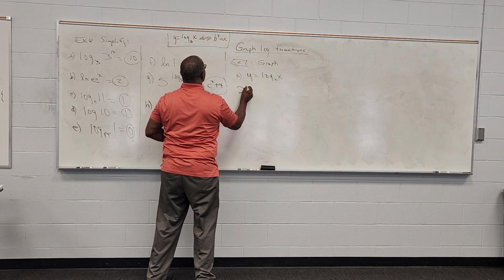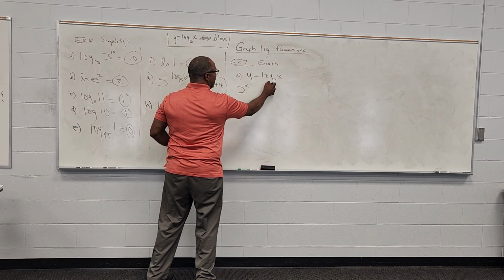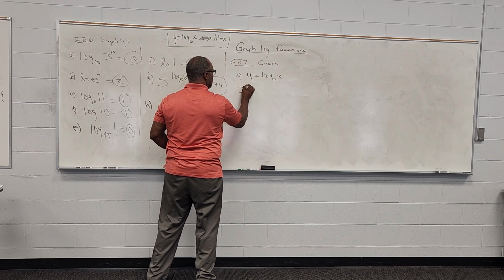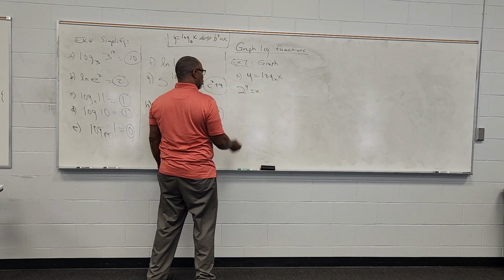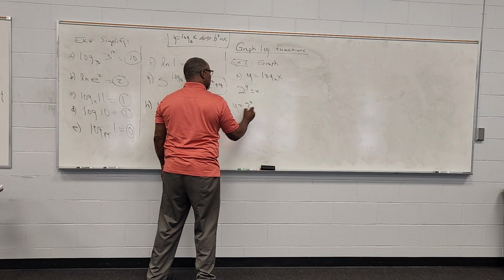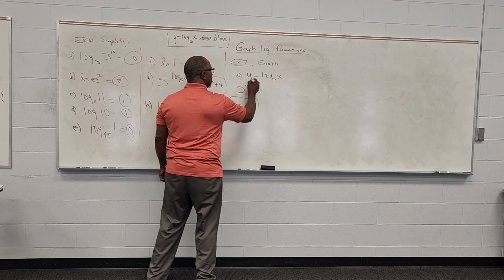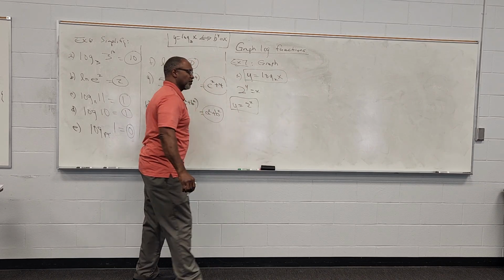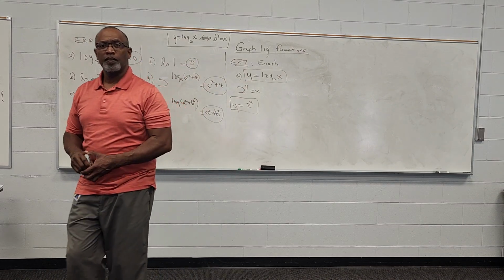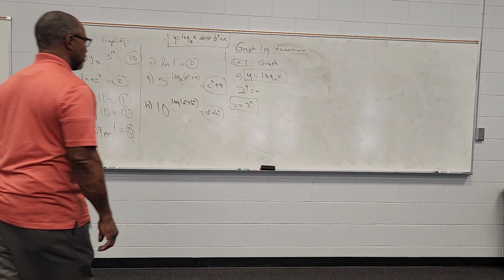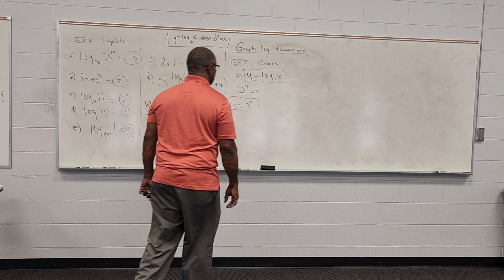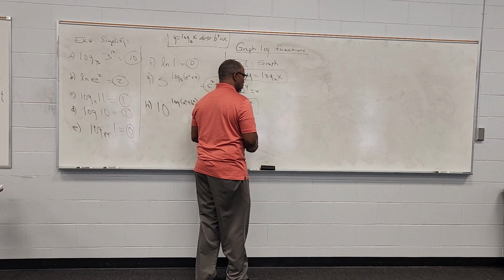So this is equivalent to 2 to the y equals x. Really, these two functions are inverses of each other. Y equals log to the base 2 of x is the inverse of y equals 2 to the x.